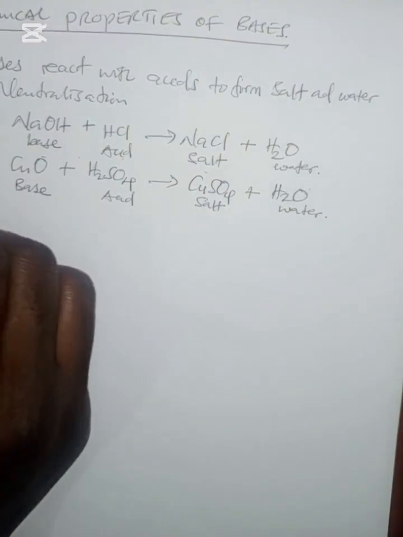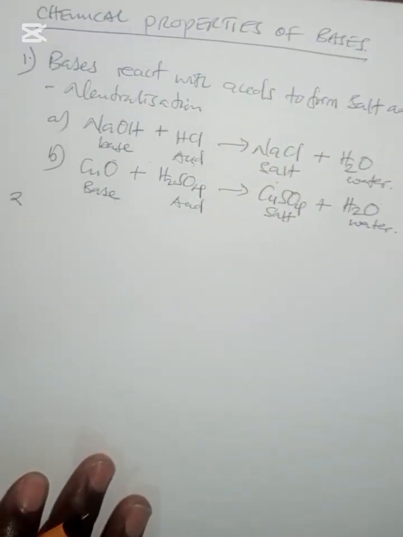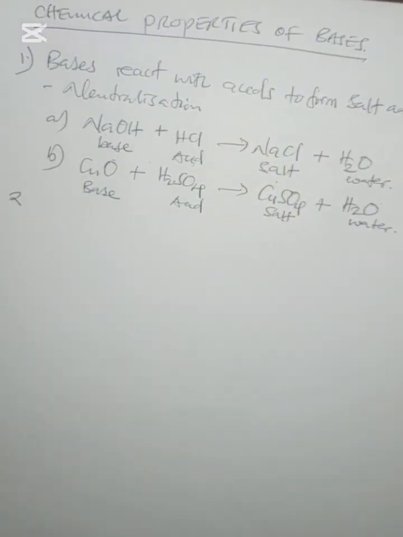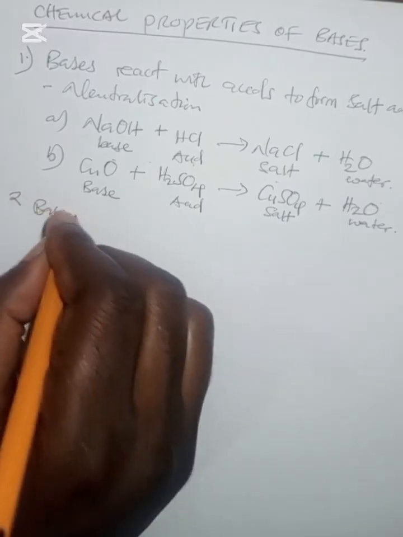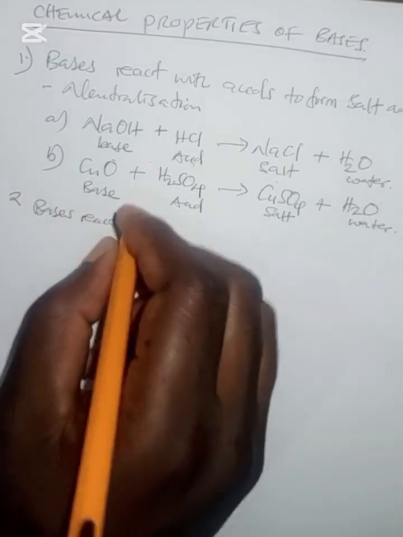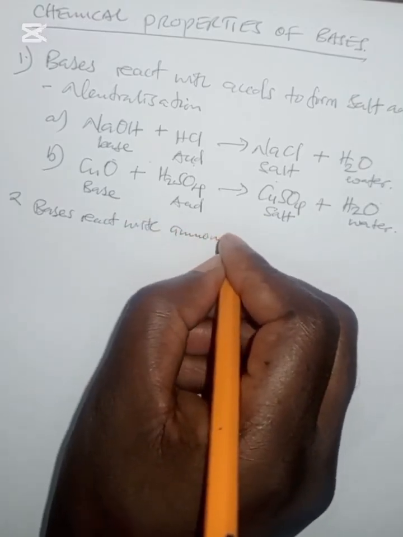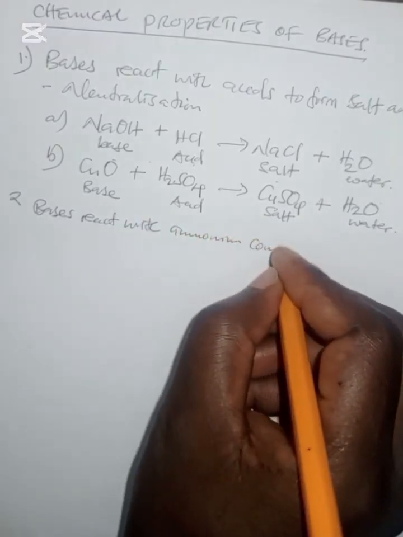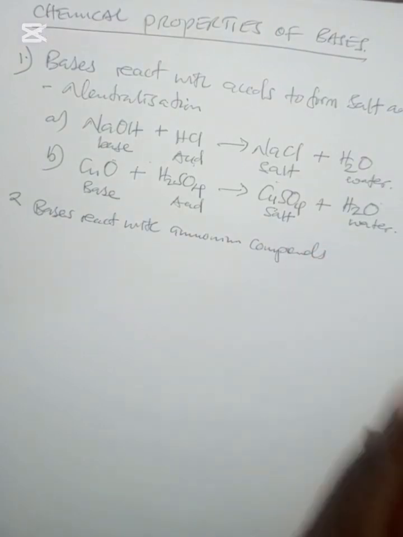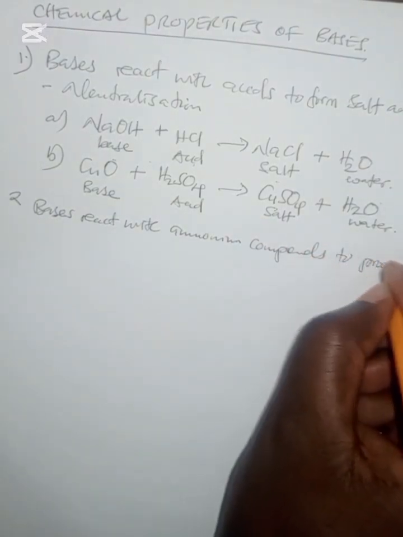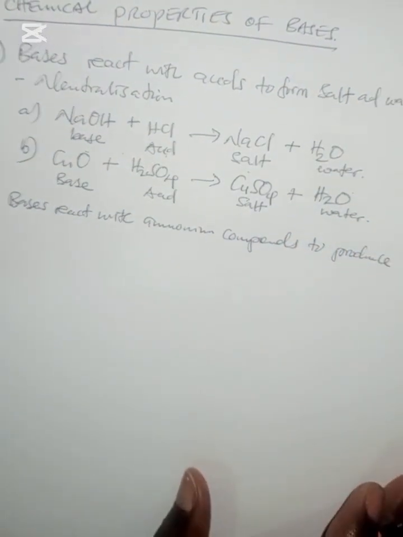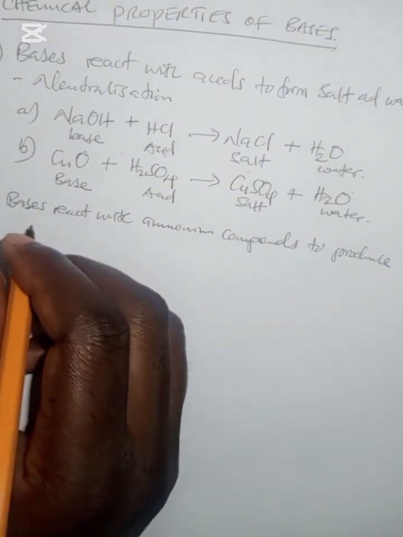So another chemical property is that bases react with ammonium compounds to produce salt, water, and ammonia. So bases react with ammonium compounds to produce three things.